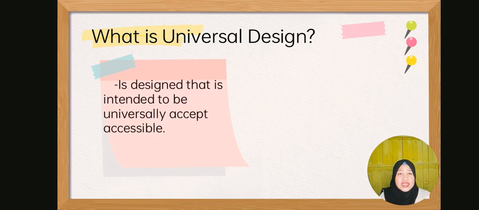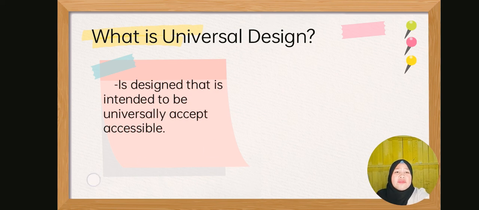A universal design is design that is intended to be universally accepted and accessible. Yes, it means we all have the goal to create space that everybody can use equally. You can think of it as a design philosophy, mindset, and specific approach to create products and environments that are usable by all people to the greatest extent possible.